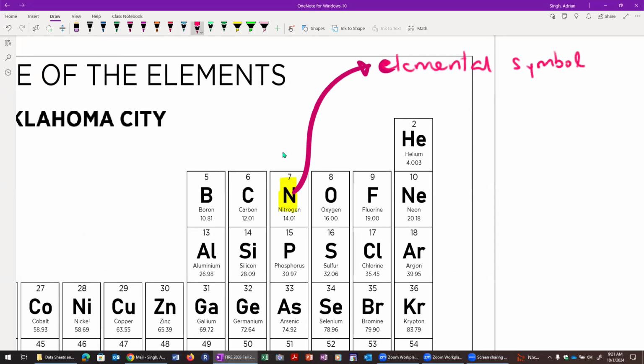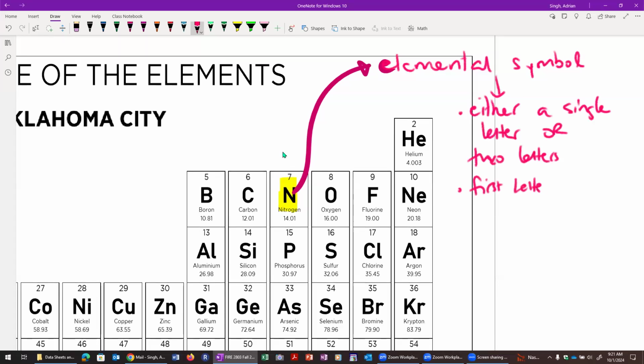And the elemental symbol is either a single letter or 2 letters. The first letter is always uppercase, a capital letter.